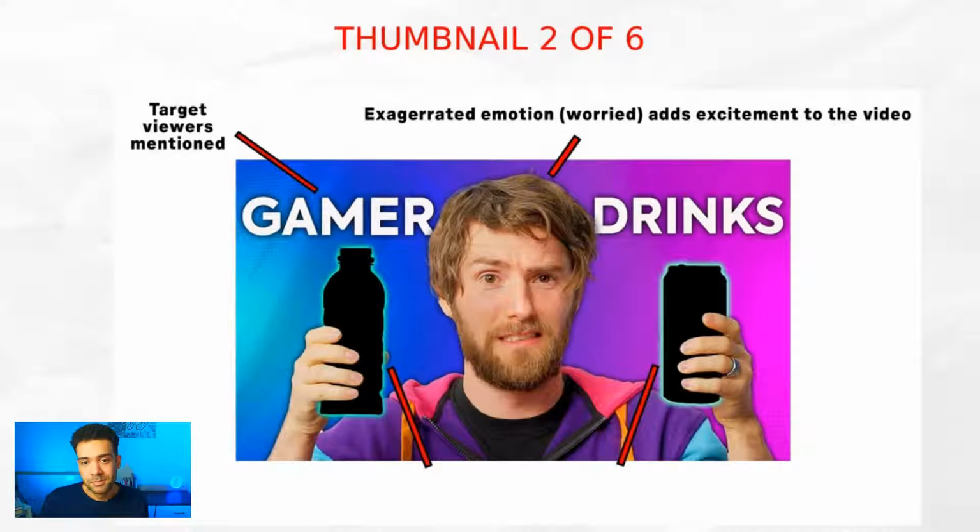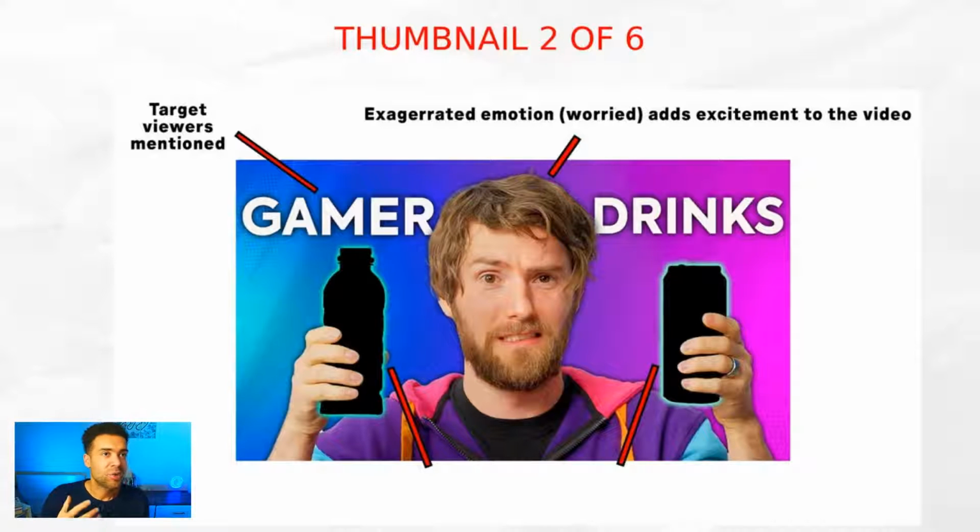Next up, the YouTuber has an exaggerated emotion in this thumbnail. The YouTuber looks worried, which potentially makes this video more exciting for someone scrolling through their homepage, because they're thinking, if I'm going to click on this image and watch this video, I'm going to see someone worried and put under stress and under pressure.